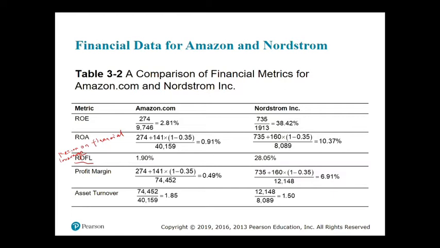This value captures the amount of return on equity that can be attributed to financial leverage, and it can also be calculated as ROE minus ROA. In Amazon's case, 2.81% minus 0.91% is 1.9%, and Nordstrom has a 28.05% ROFL.